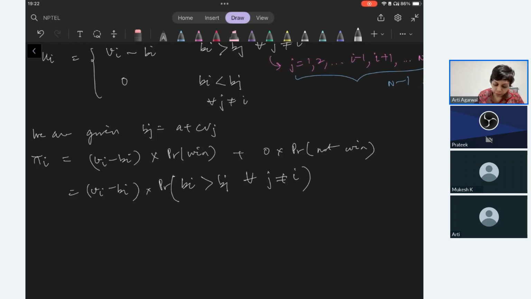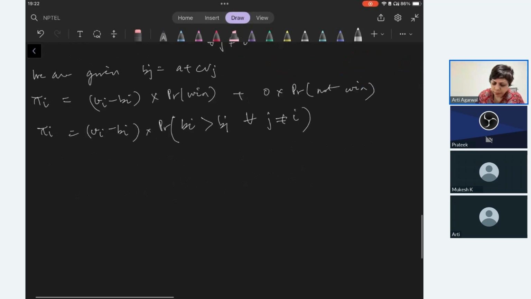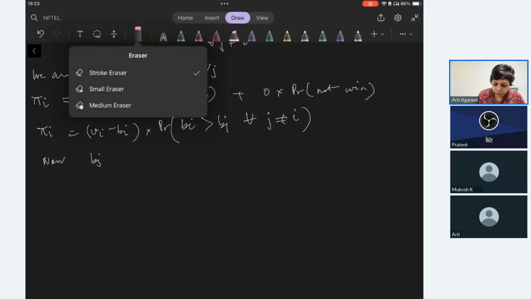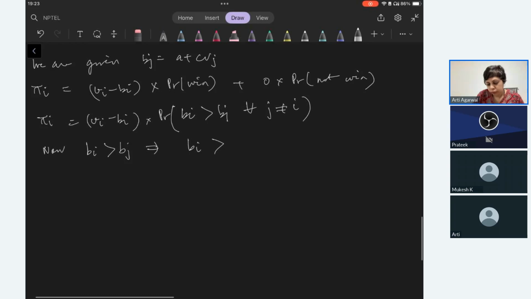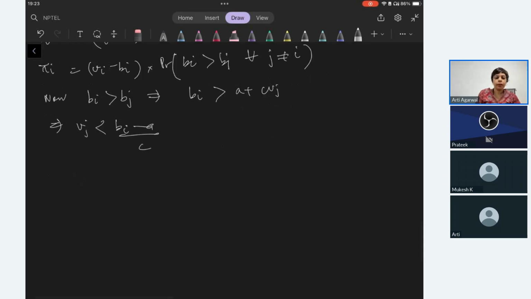Now let's go back to what we did last time. Bi greater than Bj implies that Bi is greater than A plus C Vj, which implies that Vj is less than (Bi minus A) by C. Same thing we did last time, except that this time we are including the probability of that condition being satisfied for n minus 1 players, not just one player.